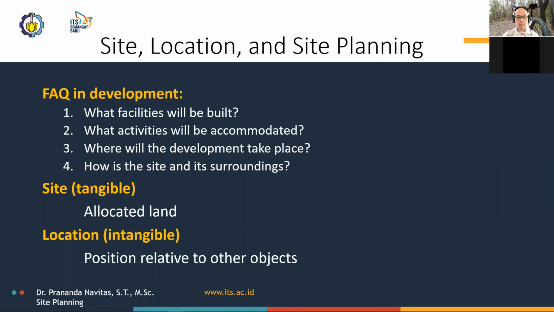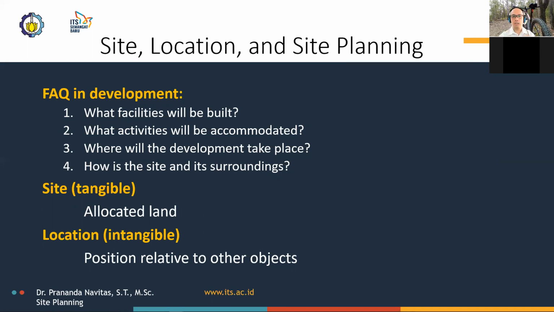Now, when we talk about site and location, some people may get the two terms mixed up. So just to clear things up, when we talk about a site, a site is a tangible object.